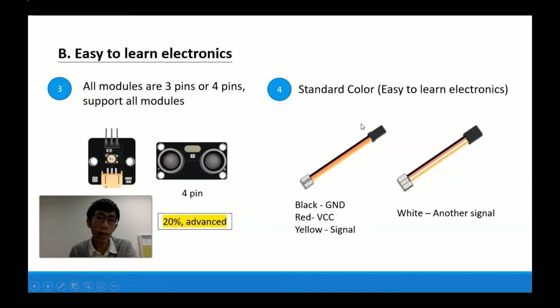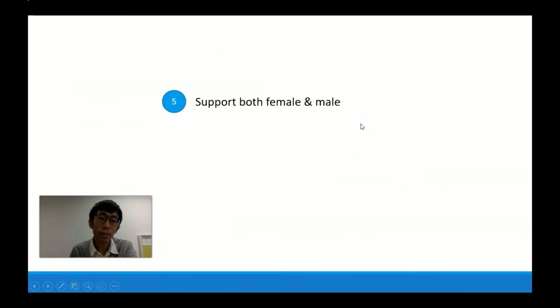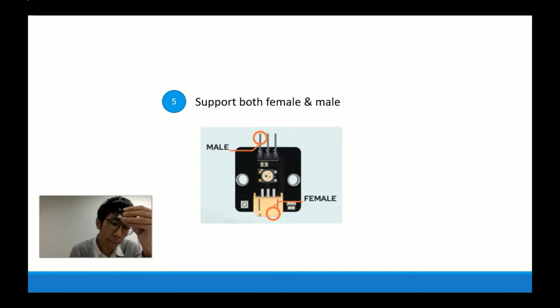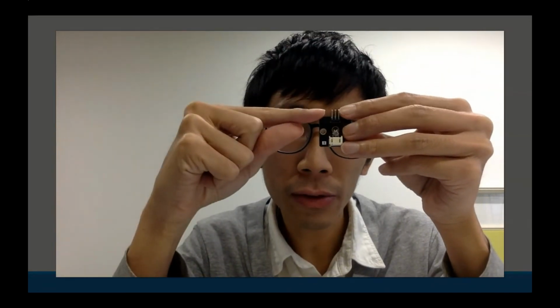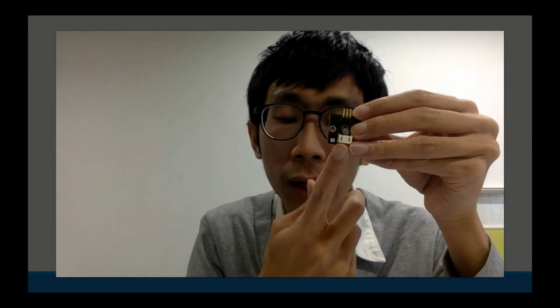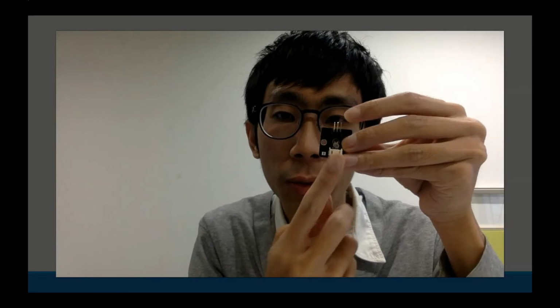Also, the 5th point is that our module supports both female and male. Okay. Actually, I can tell you that all electronics are female and male only. Female, you can see that you can touch it, and male, there is space for you to insert something.